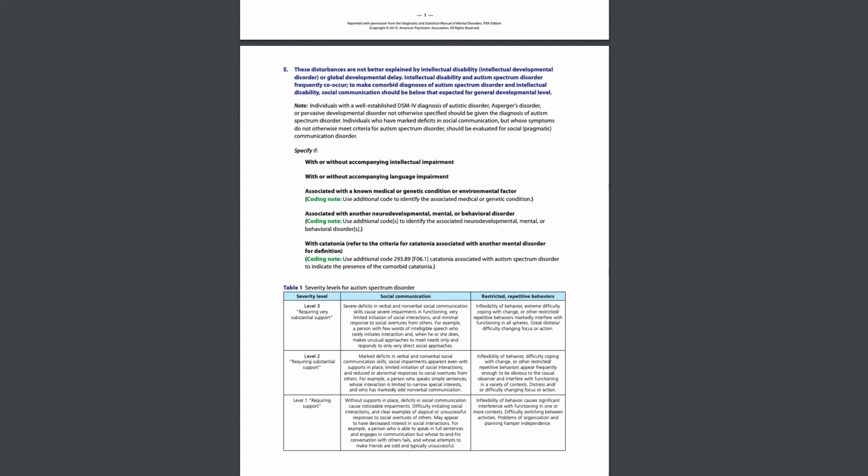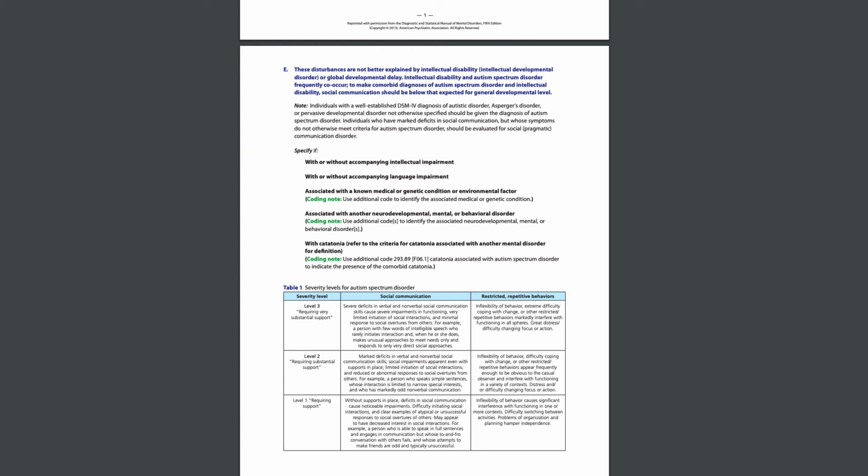Then they're further indicating that intellectual disability, or ID, and autism spectrum disorder actually go together often. They co-occur, and to make comorbid diagnoses of autism spectrum disorder and intellectual disability, social communication should be below that expected for the general developmental level.